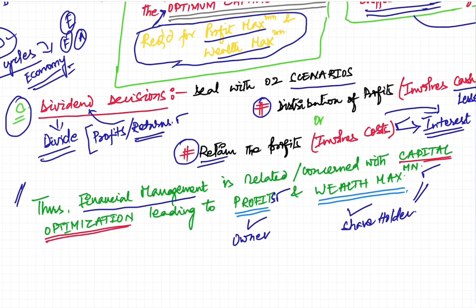So always, dealing with financial management is always dealing with capital optimization. So dear friends, this is simply a summary of what could be the perspectives of financial management, how we are going to talk about financial management.